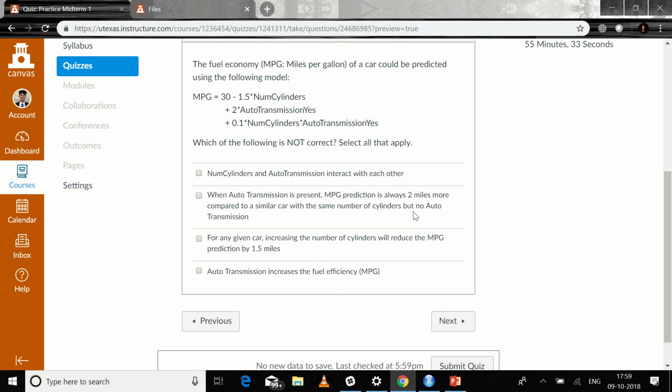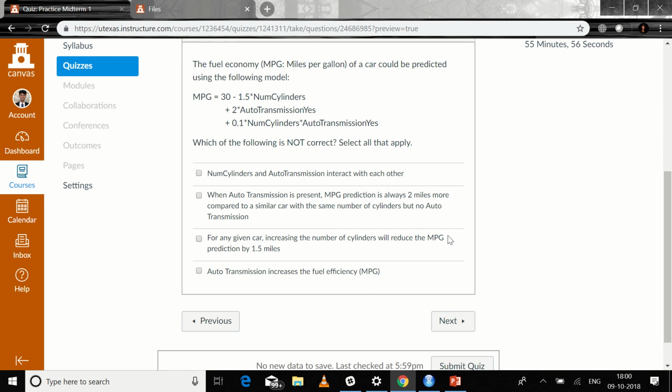Okay, all right. Maybe I'm wrong. I shouldn't try to experiment too much. Okay, the third option: for any given car, increasing the number of cylinders will reduce the MPG by 1.5 miles. Is that right? Increasing the number of cylinders will reduce the MPG prediction by 1.5 miles.